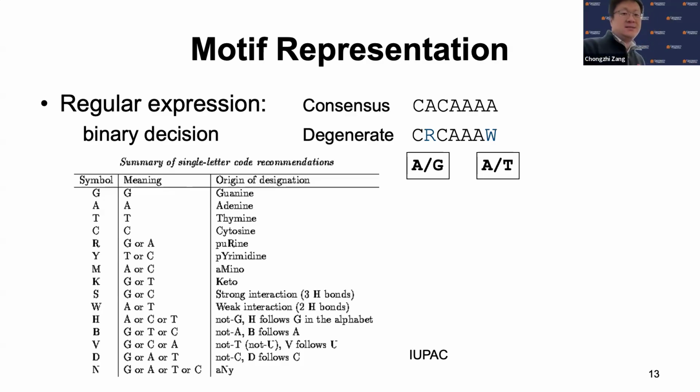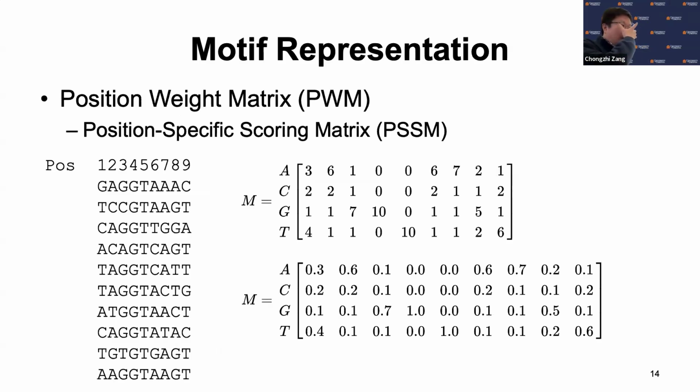For example, if it's an R, we know it's A or G, but we don't know whether it's more likely to be A or more likely to be a G. So we do not have a quantification on top of that. And that's why we wanted a more quantitative approach to represent a motif.